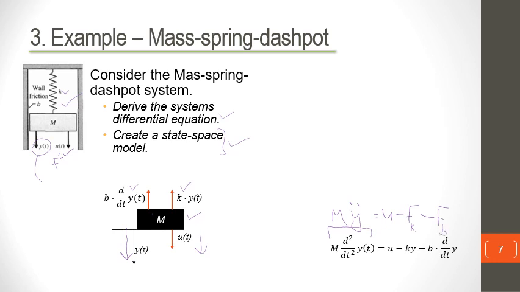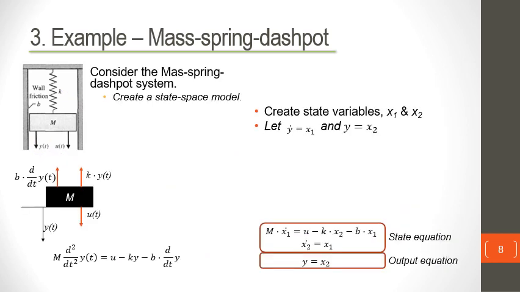This gives us m times the second derivative of y is equal to u minus ky minus b dy/dt. Now we need to translate this differential equation to a state space model or state variable model.